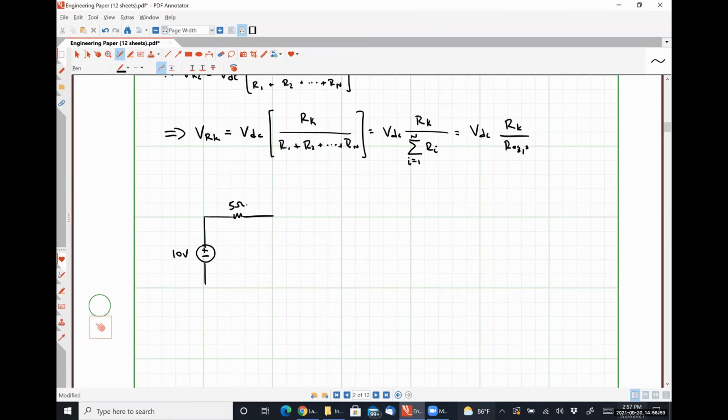I have a 5-ohm resistor. I have an 8-ohm resistor. And I have a 7-ohm resistor. And I want this voltage V5.